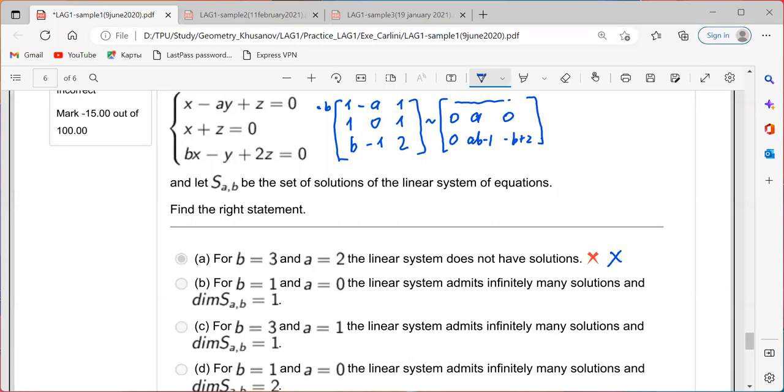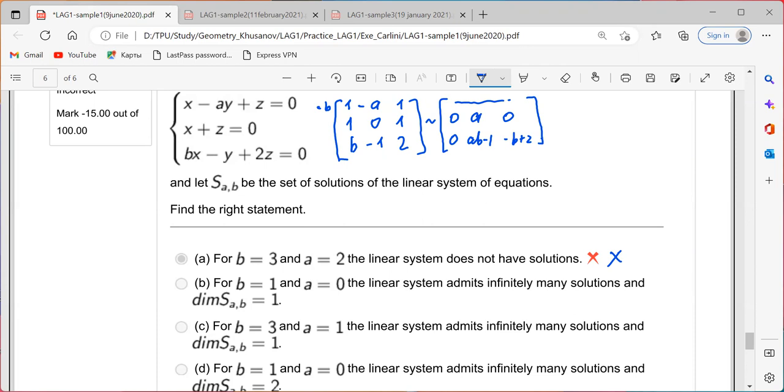So what about the solutions here? The second and third rows will not be proportional. That's why the second row will be 0, and the third row will be minus 1 and 1.